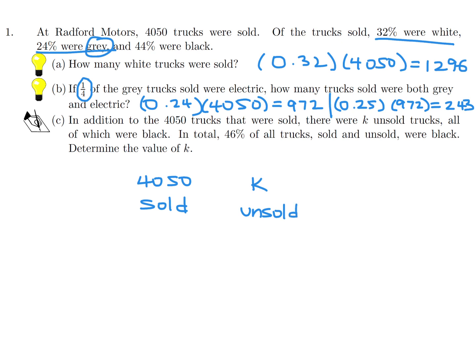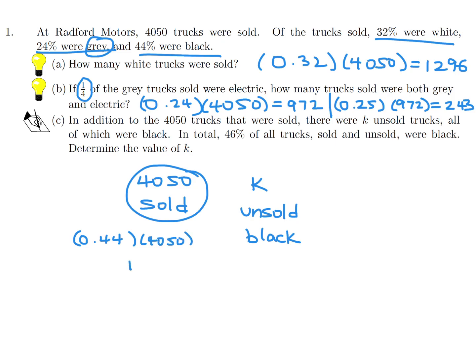And they're saying that all of the ones that were unsold were black. So all of K is black. So what percentage of these guys were black? That would be 44%. So 0.44 times 4050, which is 1782.